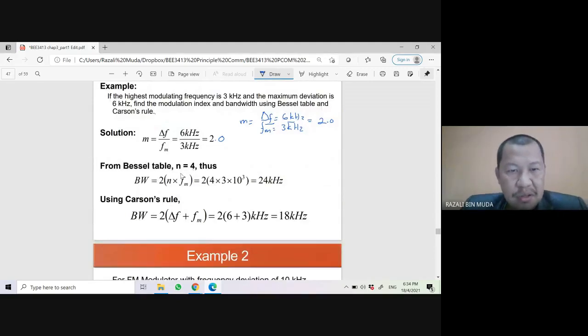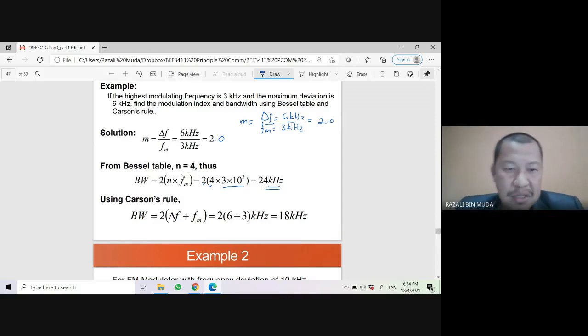Therefore, from Bessel table, the actual bandwidth is 2n Fm. 2n equal to 4, Fm is 3 kHz. The total is 24 kHz bandwidth. Bandwidth is in the same unit as frequency, which is Hertz.